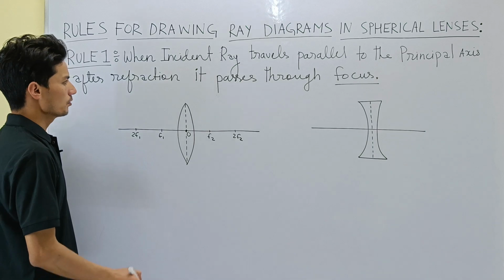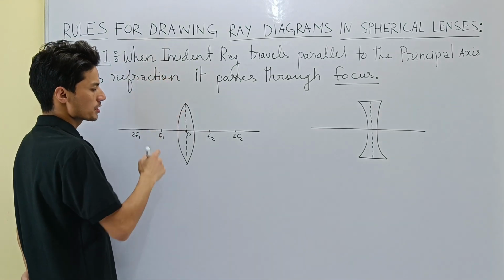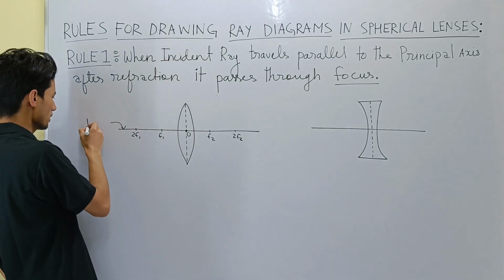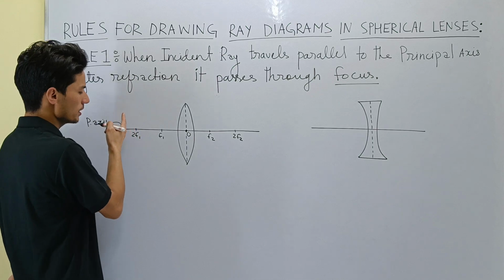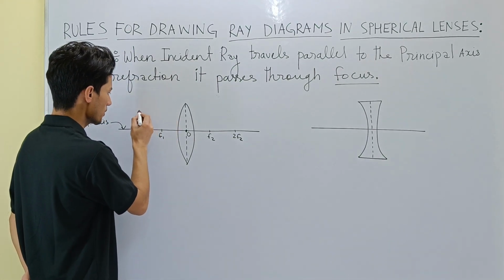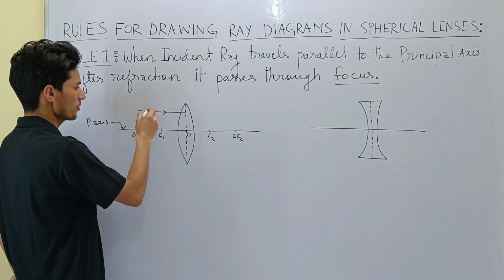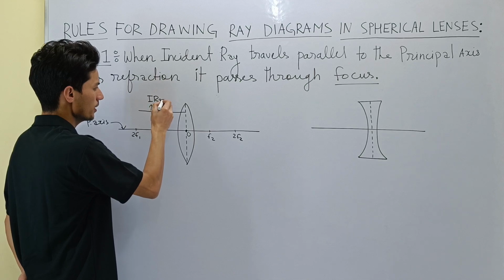Now the statement says that the incident ray travels parallel to the principal axis. So this line is the principal axis. The incident ray has to travel parallel to the principal axis in rule 1. So let us draw the incident ray traveling parallel to the principal axis. This is the IR, the incident ray.